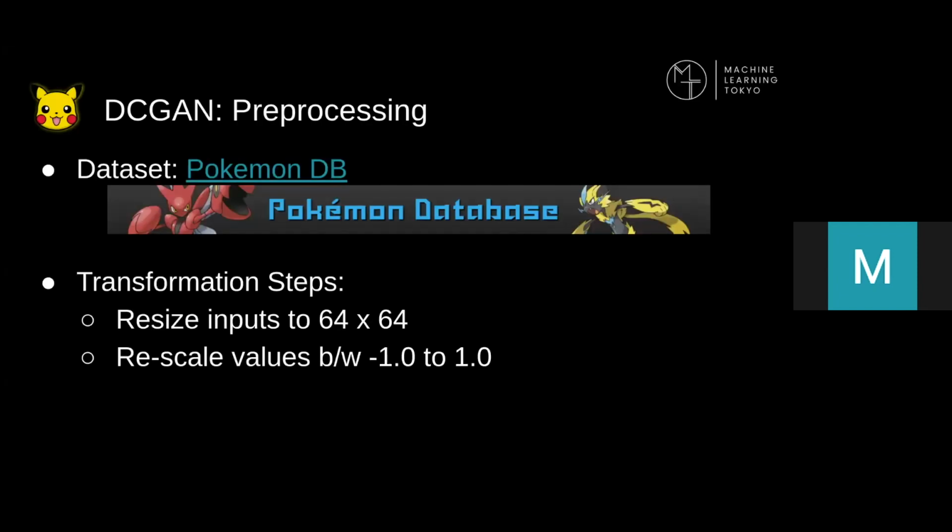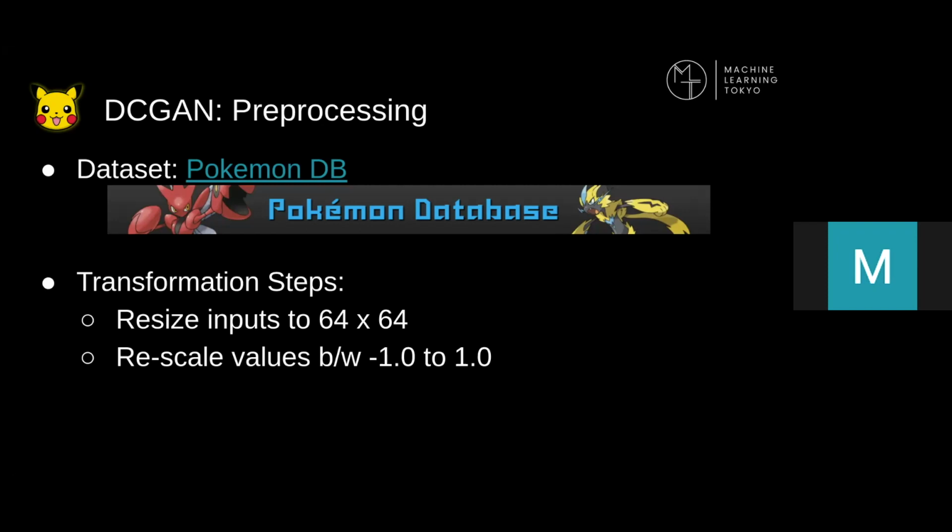Now for the preprocessing step, what exactly are we going to do? We are going to take all of the images coming from the Pokemon dataset, and first resize them to 64 by 64. Then we will rescale the values between -1 and 1, and the reason for that is because the generator uses TANH activation at the end of the generator block.